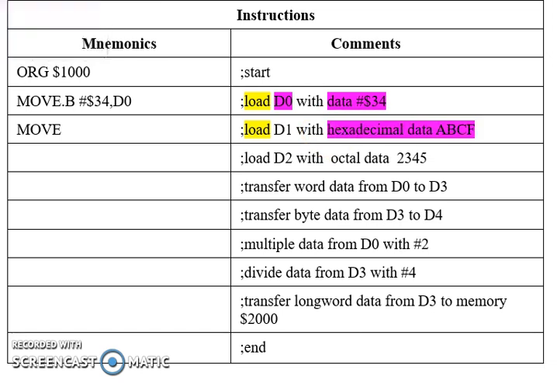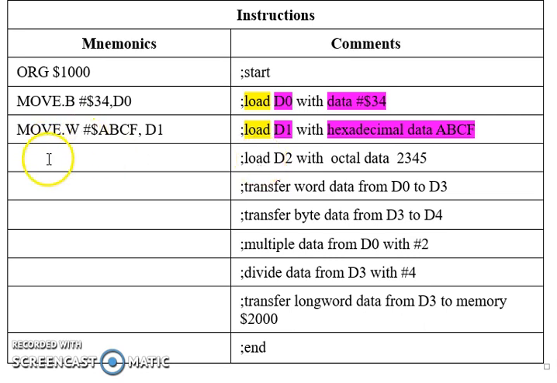Hexadecimal data is 4 places, so you can use .w, and the hexadecimal symbol, and the data is ABCF. This is our source. And what is our destination? Our destination here is D1. So write D1, and the third line is completed. Understand, students?